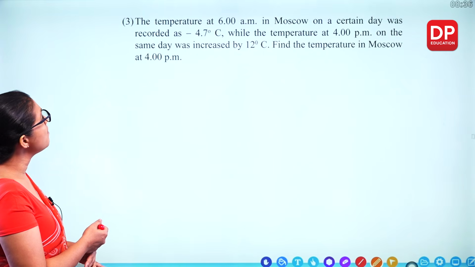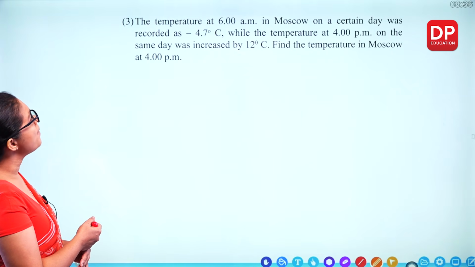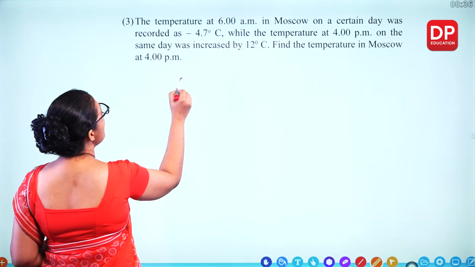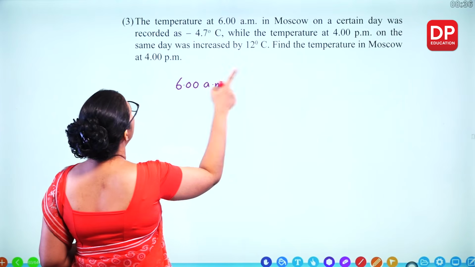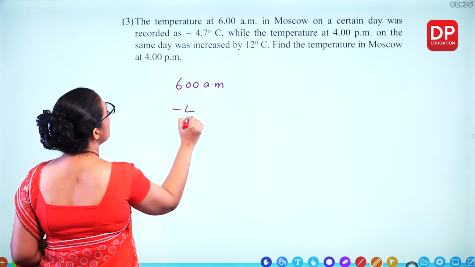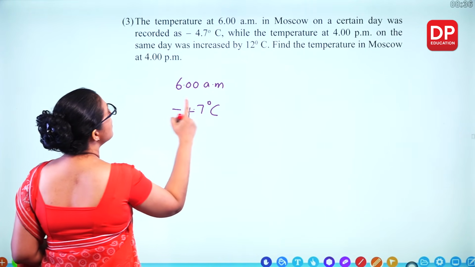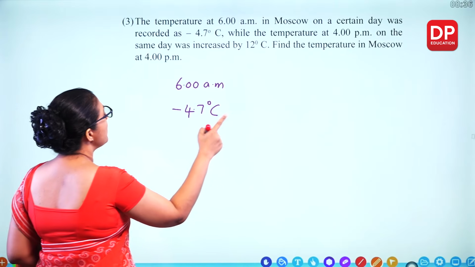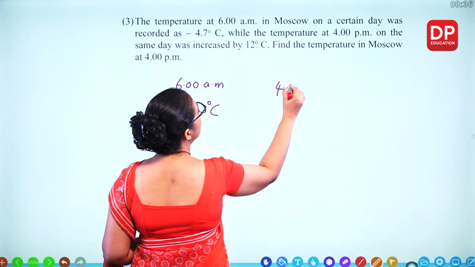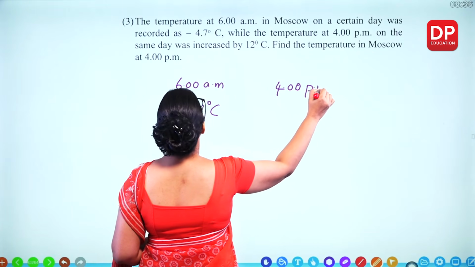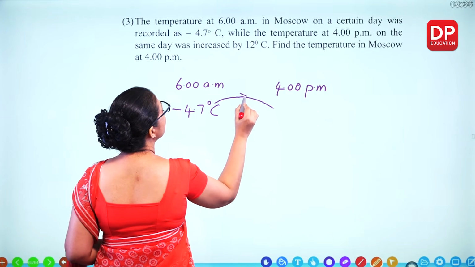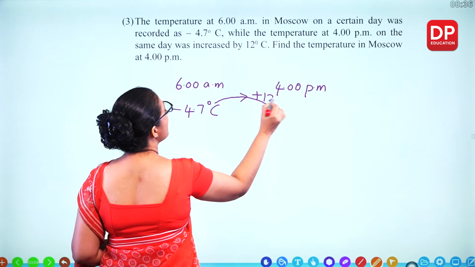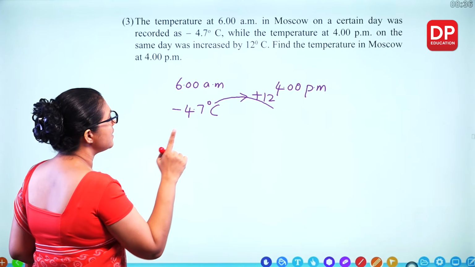Find the temperature in Moscow at 4 p.m. So 6 a.m., minus 4.7 Celsius, while the temperature at 4 p.m. increased. Increase means plus 12. Find the temperature.